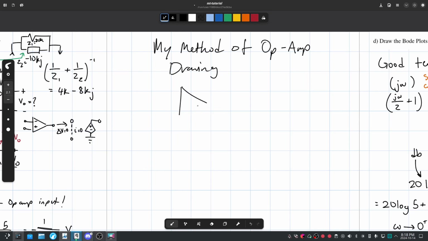So let's just label this A, let's label it B, let's label it C. Can you fully draw this in my own style? Okay, yeah, let me just draw fundamentally how I draw it. So you have your A here, and you have your B here.